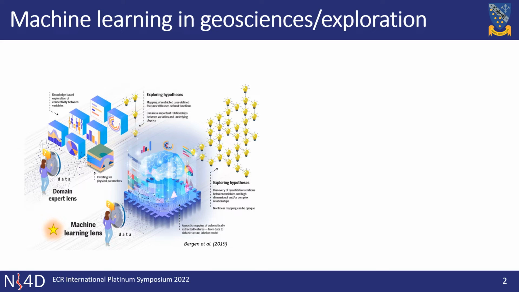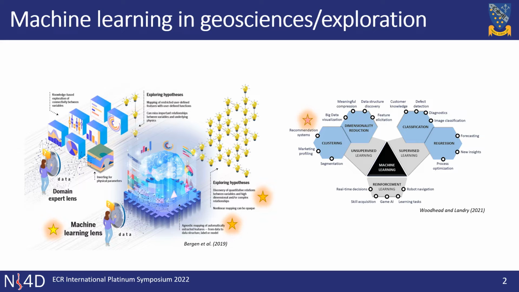Under the machine learning lens, you get the data and you try to find features or associations between features in your data, and then you explore hypotheses that might be able to explain the phenomena you're modeling. In exploration, it might be useful to learn from data using machine learning algorithms, especially clustering algorithms, so you can get recommendations on what are the important things in your data, so you can understand the data structure, discover the data structure, and reduce the dimensionality of your dataset.